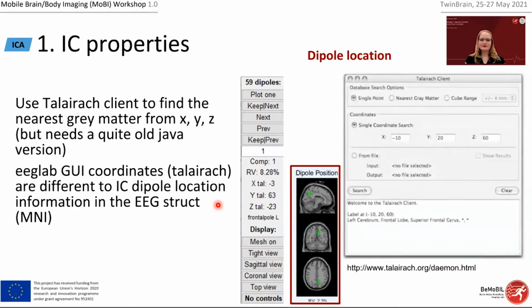So if you use, for example, the Talairach client, here is the link where you can find that, to get an approximate area in the gray matter where this activity is based. You should really take care that in the GUI you do have Talairach, but in the EEG struct you don't. So you may have to compute the other coordinates, or just be aware of that. Okay.